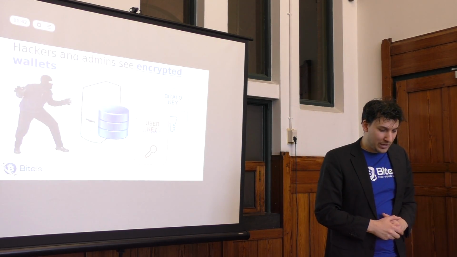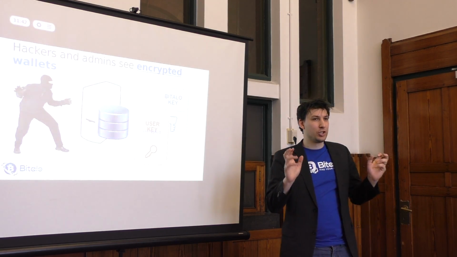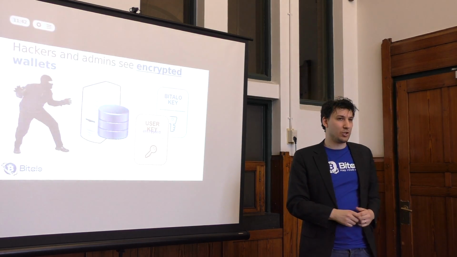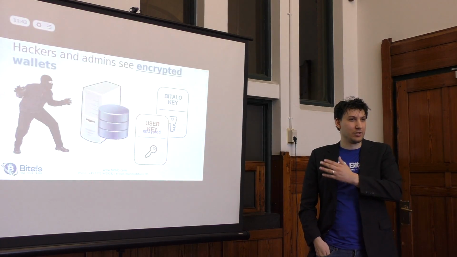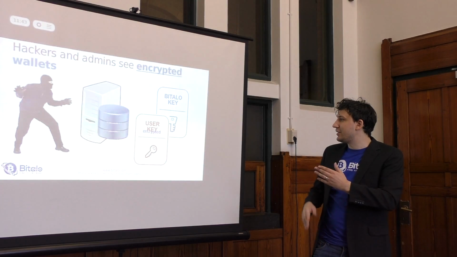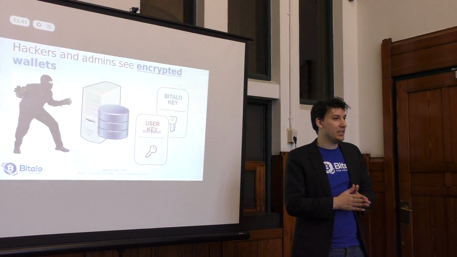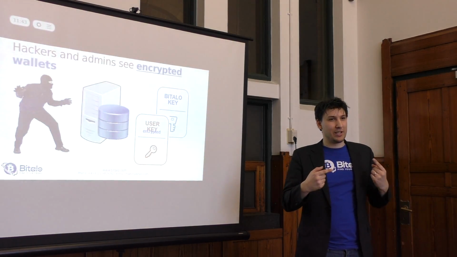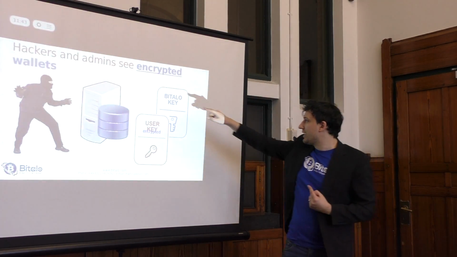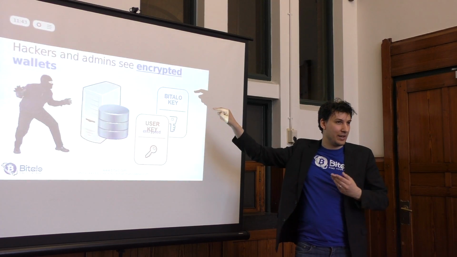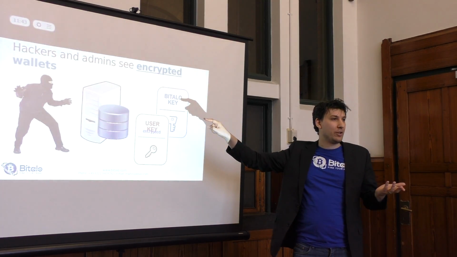And what happens then is, when whatever malicious intruder, even the website administrator, breaches the server, the only thing he will see is the encrypted private key, and because of the multi-signature setup, he would need both keys to steal the bitcoins. So he has this key, because that's unencrypted, but with this one he cannot do anything.